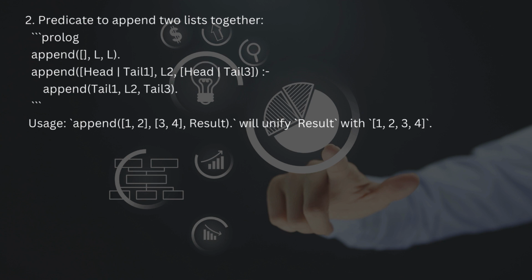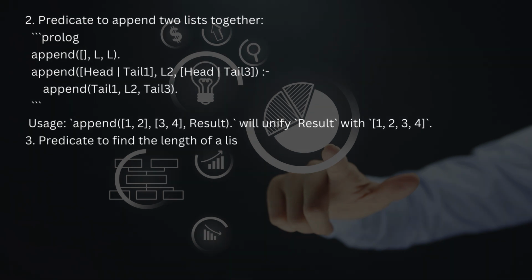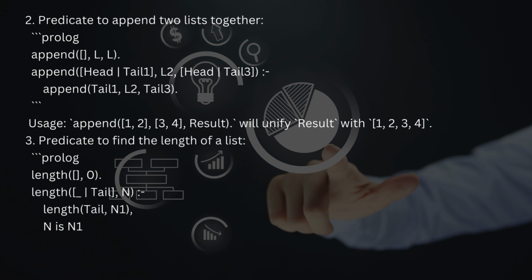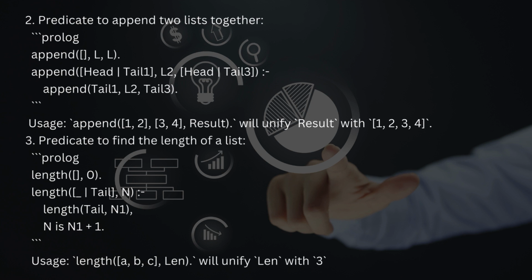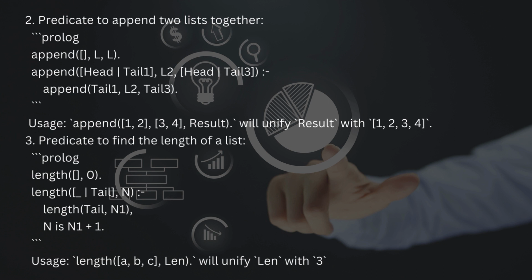Now, a predicate to find the length of a list. How can you define the length? You have to use the length predicate. length([], 0), the empty list initialized with 0. Then length([_|Tail], N) :- length(Tail, N1), N is N1 + 1. Here N is N1 plus 1, the next number.